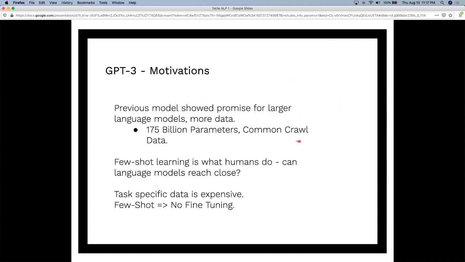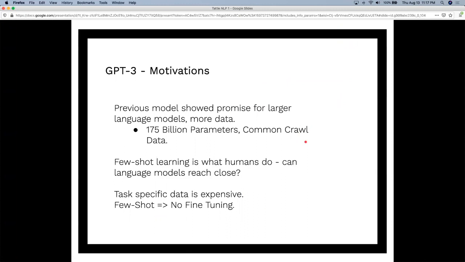The motivation for this paper, they say, is that we saw this trend: in GPT we had a 7,000 books data set that we trained on. For GPT-2 we had, I think, 40 GB of text, which is like 8 million documents.